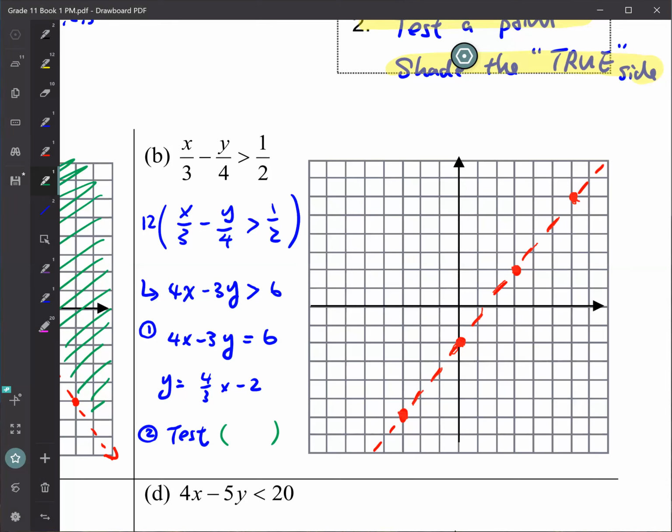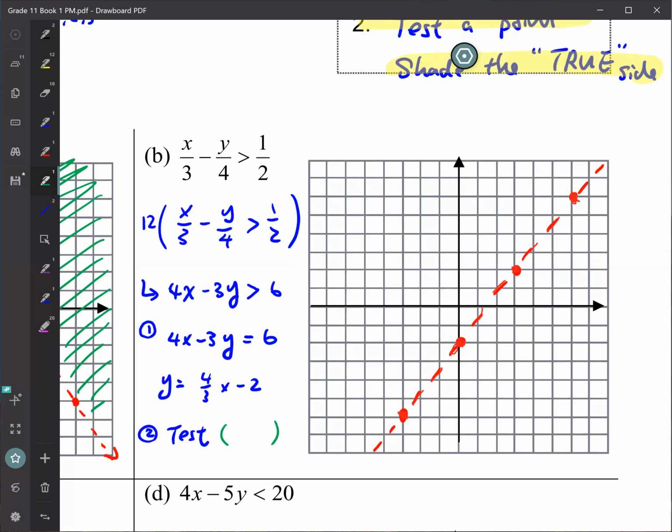Can you tell me what point did you plug in to test? -3, -6. Oh, okay. You cannot test a point on the line. Because if it's on the line, you don't know if it's on the left side or right side, right?